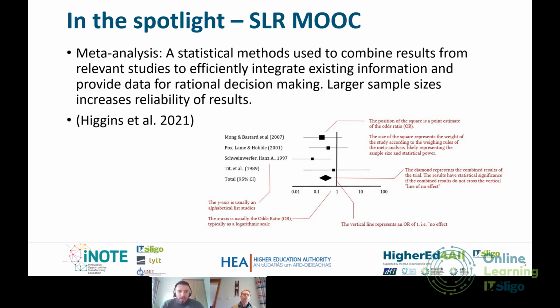If the confidence interval or the square crosses the line in the middle, the line of no effect, that means there's no real definitive way of saying one is better than the other. It might lean one side, but it's not definitive. And the triangle or diamond at the very bottom is the accumulation of all the results.